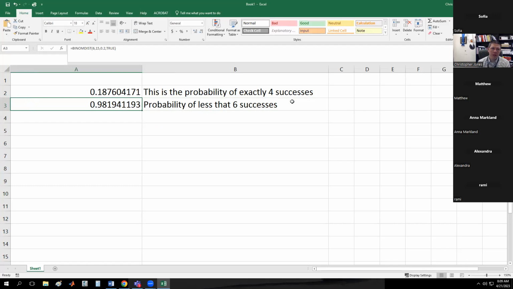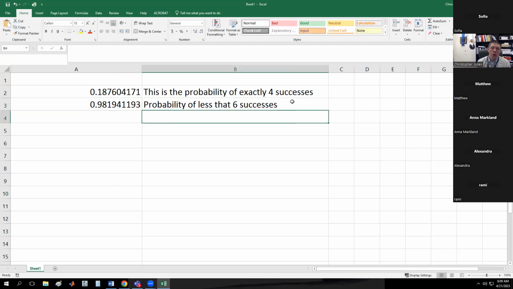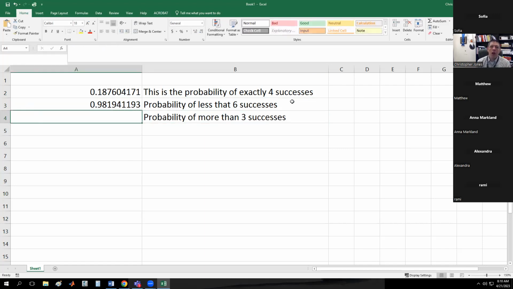Now, what if I want to know the probability of more than, let's say, 3 successes? Well, this time, what I would do is take the complement of 3.